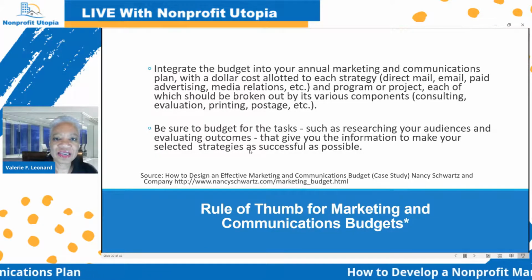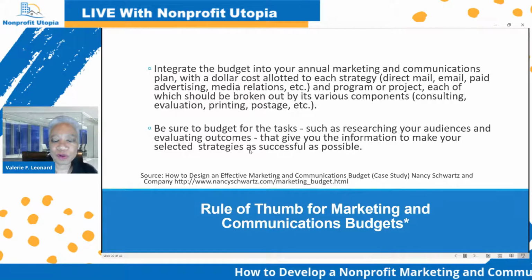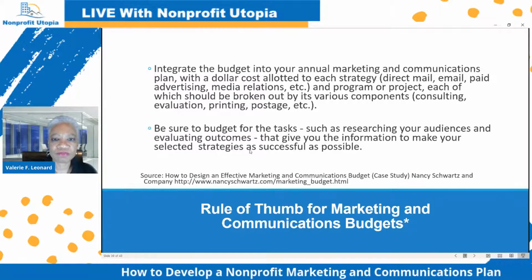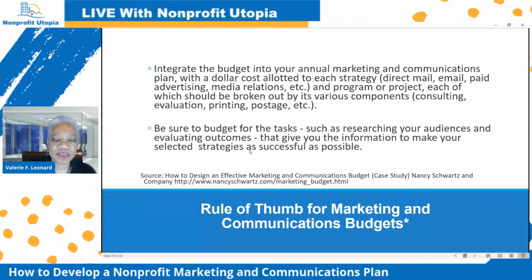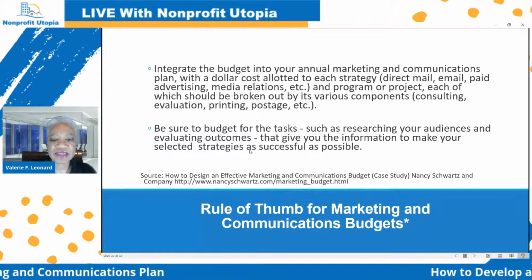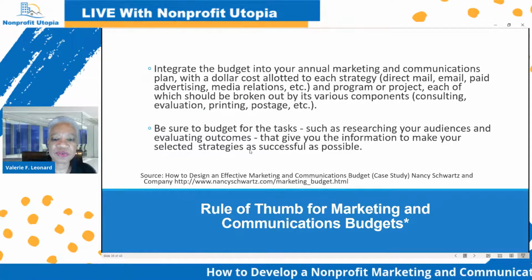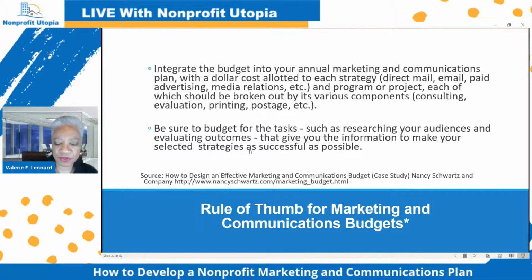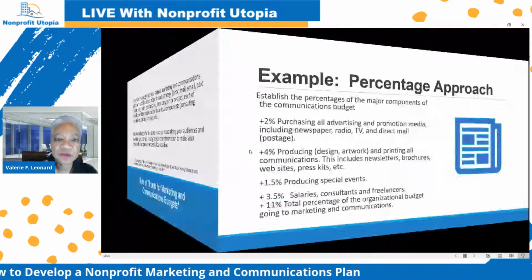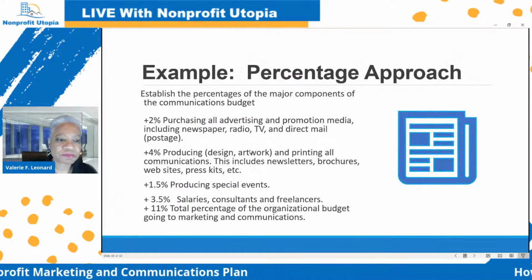And all of that together should come out to no more than 12% of your total organizational budget on marketing. And you want to make sure too that you budget for the tasks such as researching your audiences and evaluating the outcomes that give you the information to take your strategies and make them possible, make your reality possible.